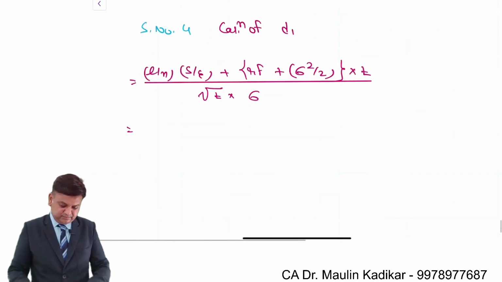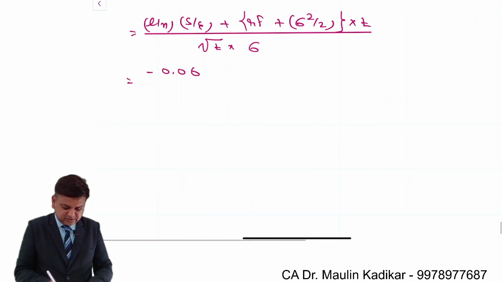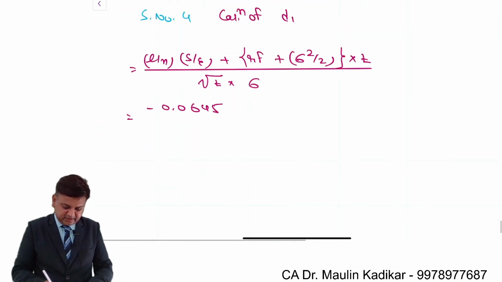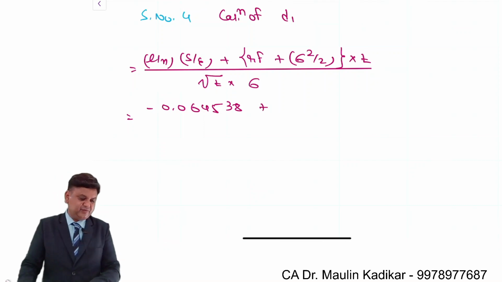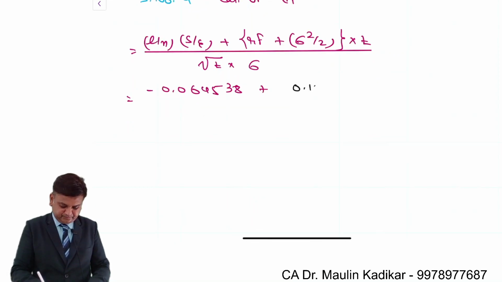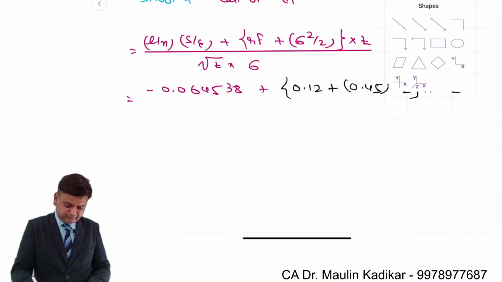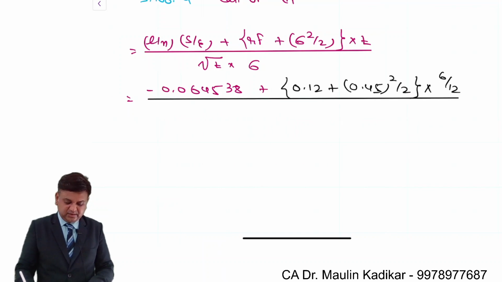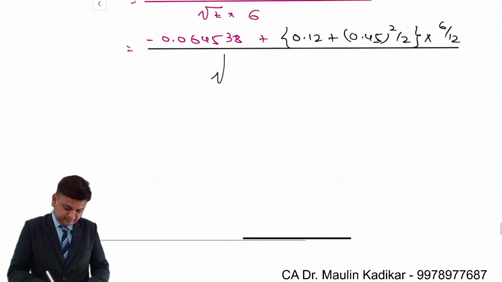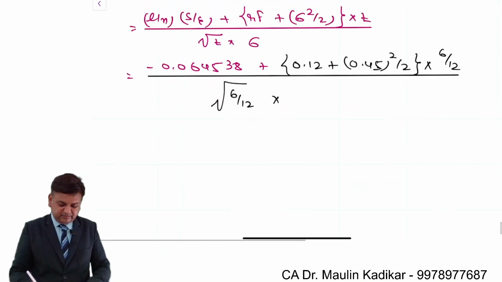I am taking this value negative 0.064538 plus RF is 12% plus variance, which is the square of standard deviation, so square of 0.45, divided by 2, into time period 6 divided by 12, whole divided by under root of 6 divided by 12 into standard deviation, that is 0.45.